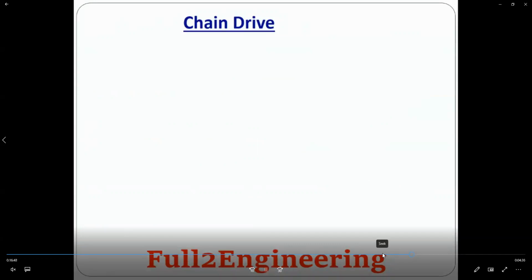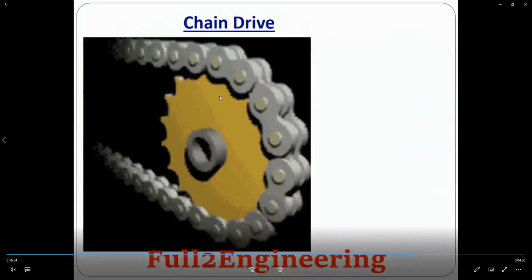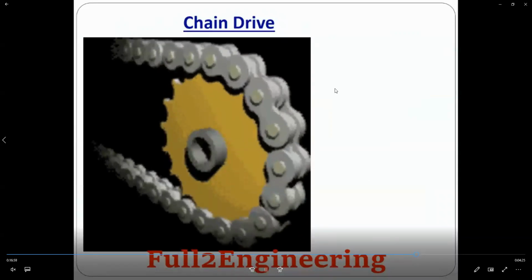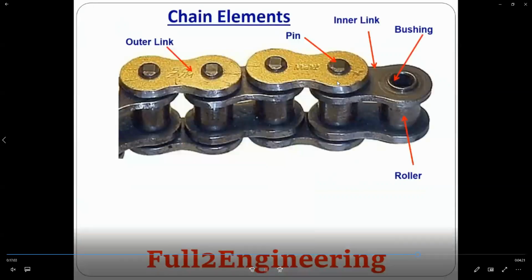Okay, the last one will be chain drive. This one we apply like the bicycle. So you got the gear, you got the chain, rotation is smooth. Okay, chain element. This is the chain element.